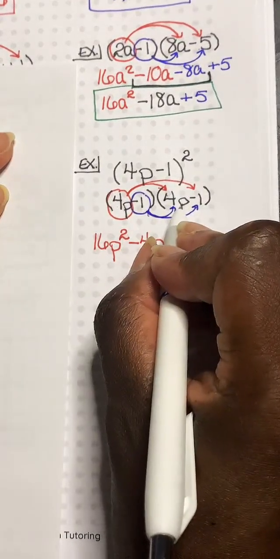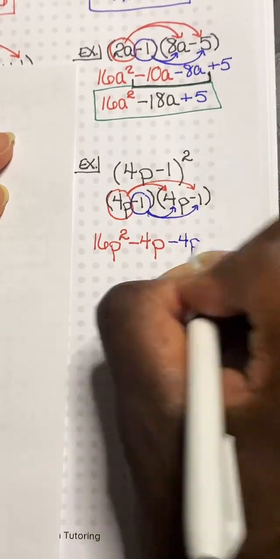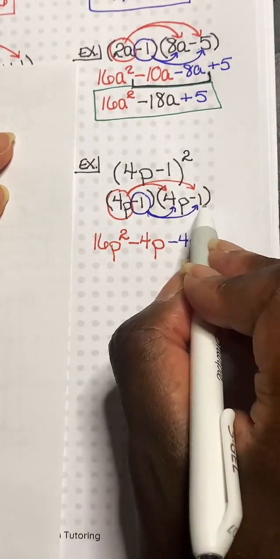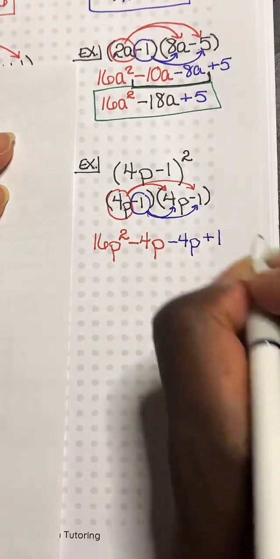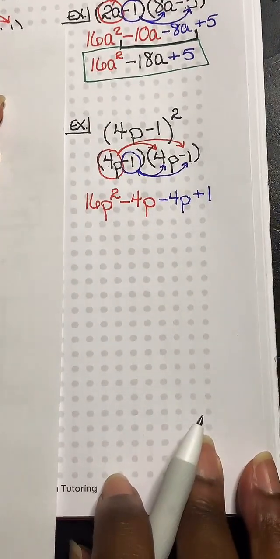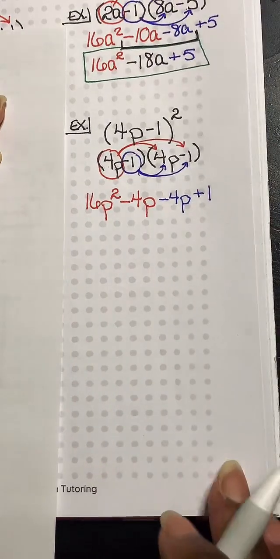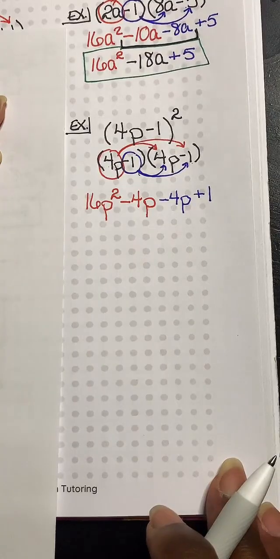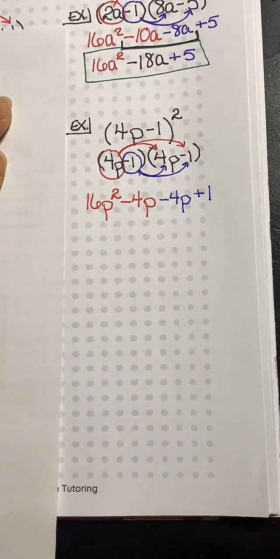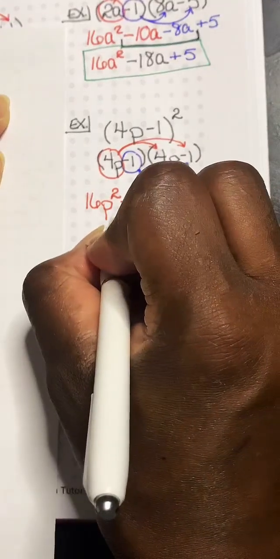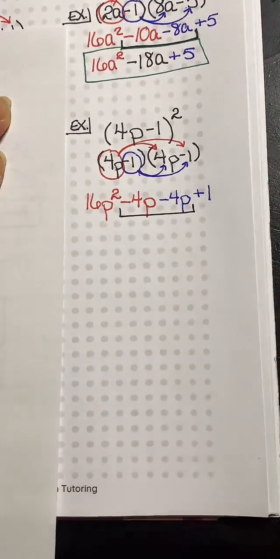So -1 times 4p gives me a -4p, and -1 times -1 gives me a +1.